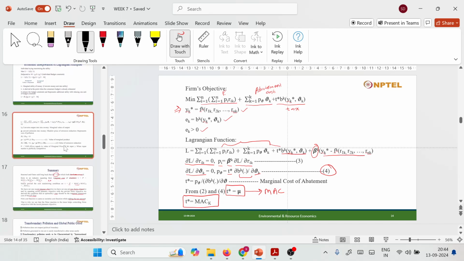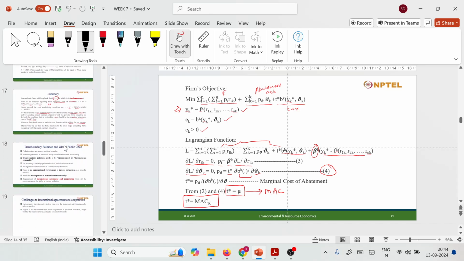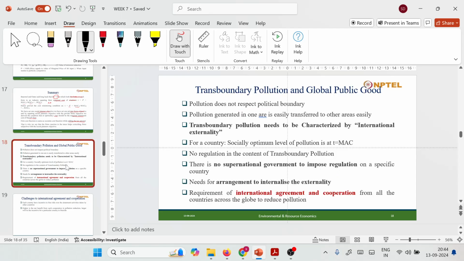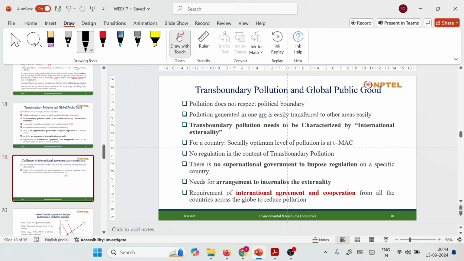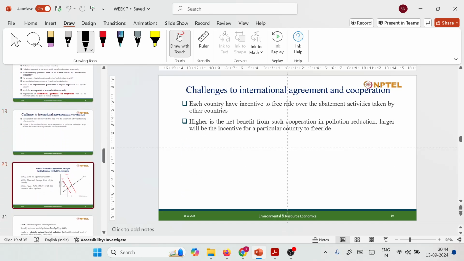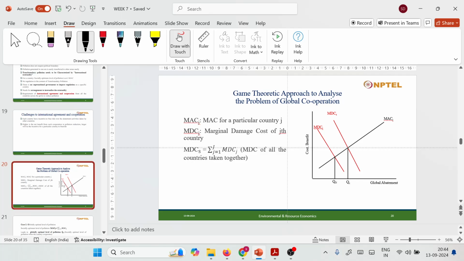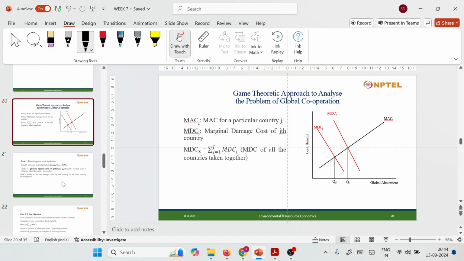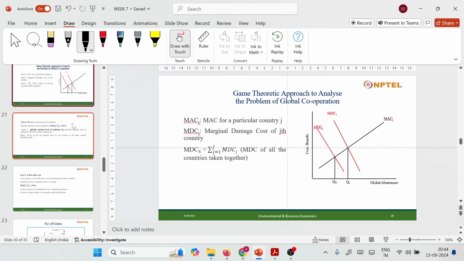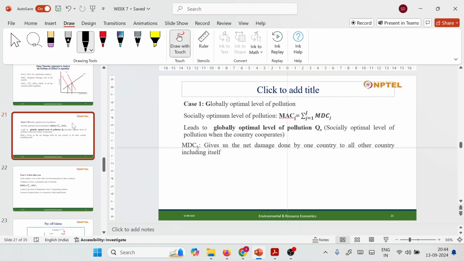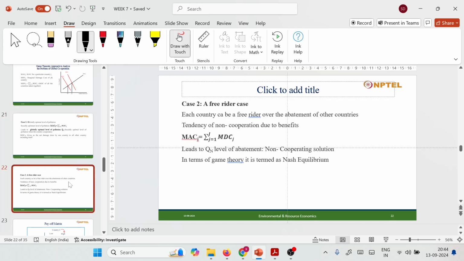And then we moved towards transboundary pollution and global public good, and what the challenges are. Then the game theoretic approach to analyze the problem of global cooperation. We set two cases, either the optimum level or the free rider case.